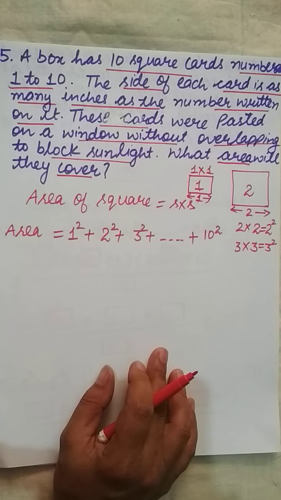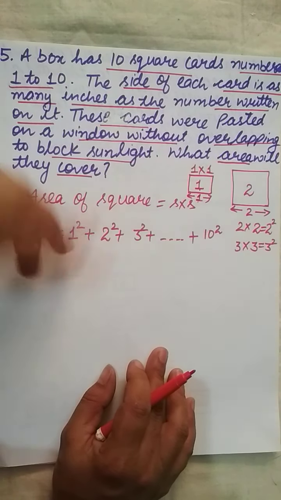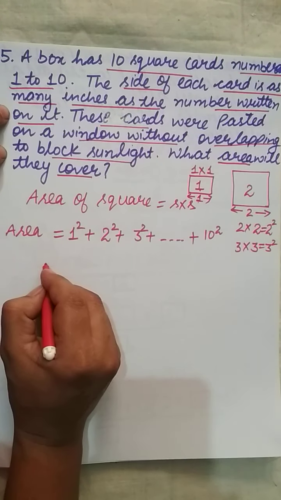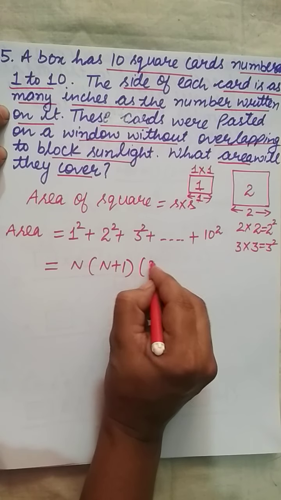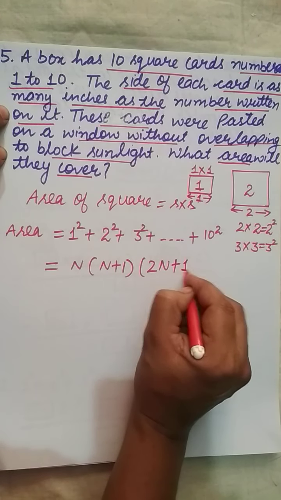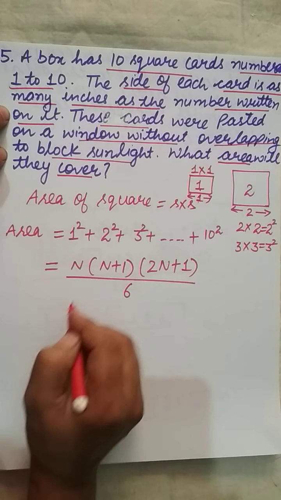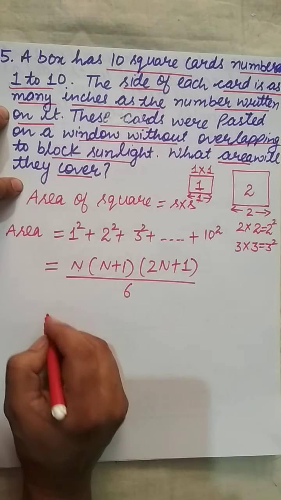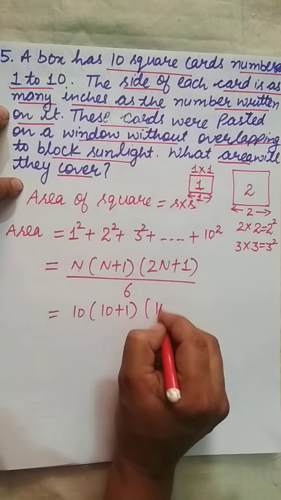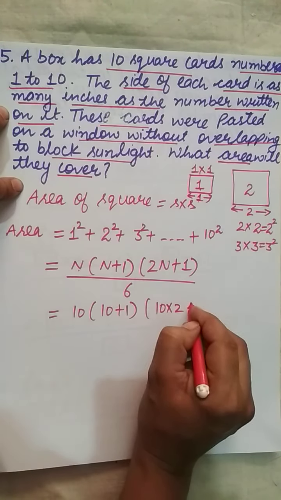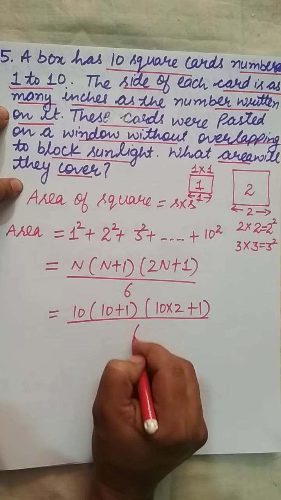Now I want to find out the total area, and total area will be equal to n into n plus 1 into 2n plus 1 divided by 6, where the value of n is 10. So 10 into 10 plus 1, into 10 multiplied by 2 plus 1, divided by 6.